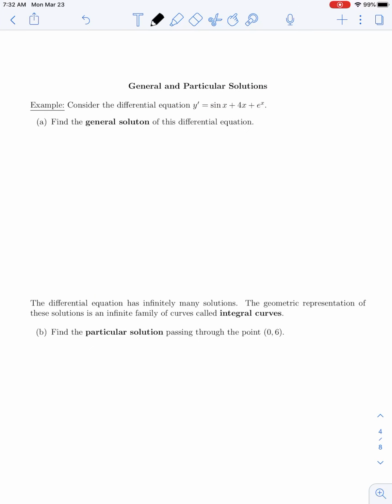Now, in the next part of this section, we will discuss how to find solutions of one type of differential equation and discuss something called an initial value problem, or finding general or particular solutions of a differential equation. In this next example, we are asked to consider the differential equation y prime is equal to the following function of x.